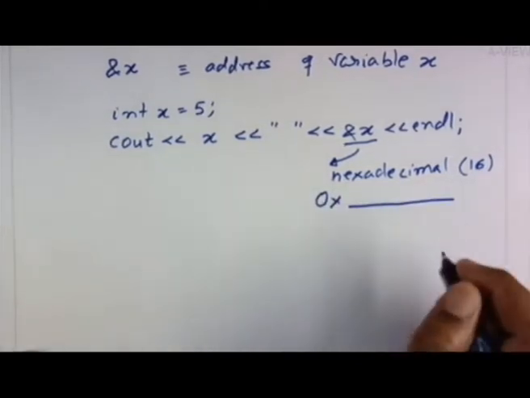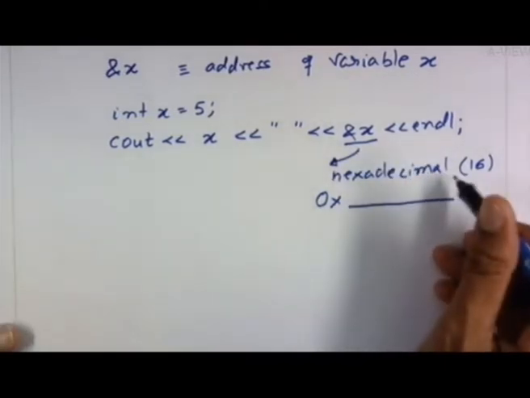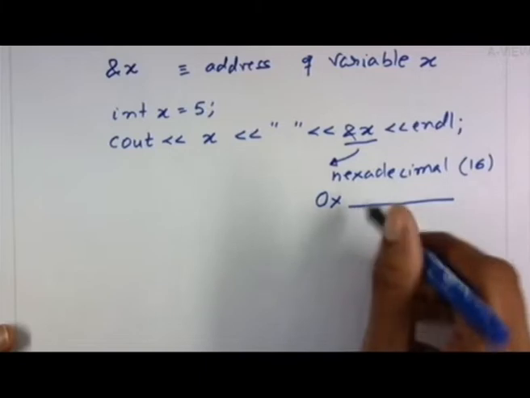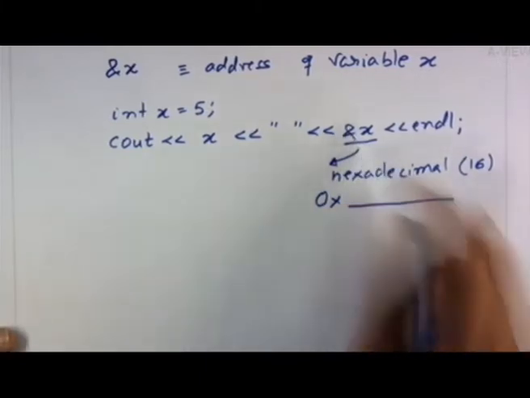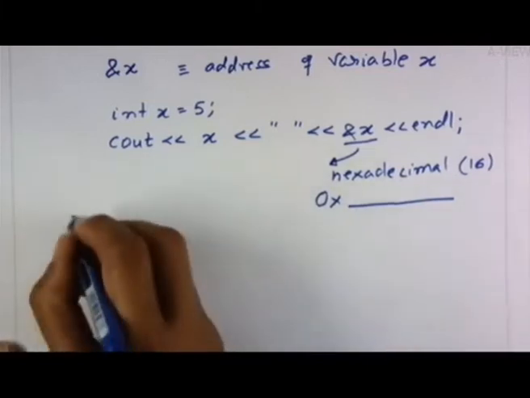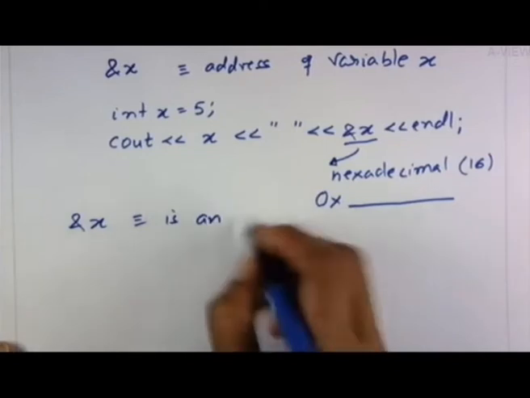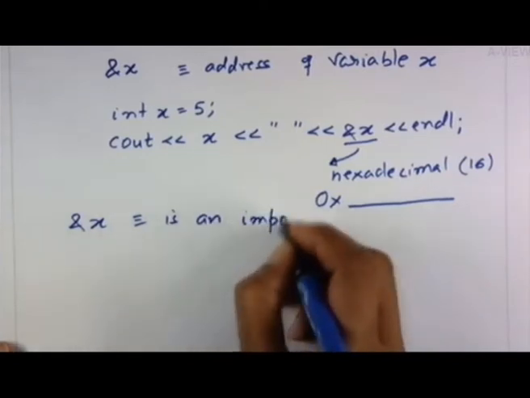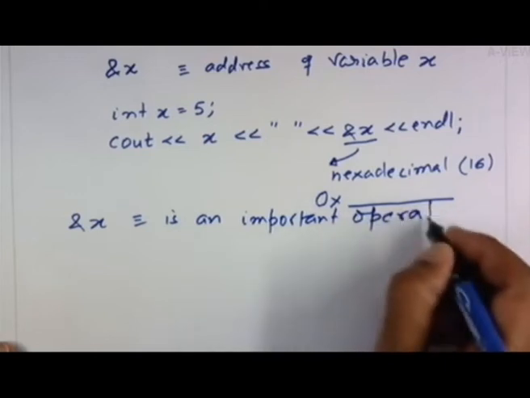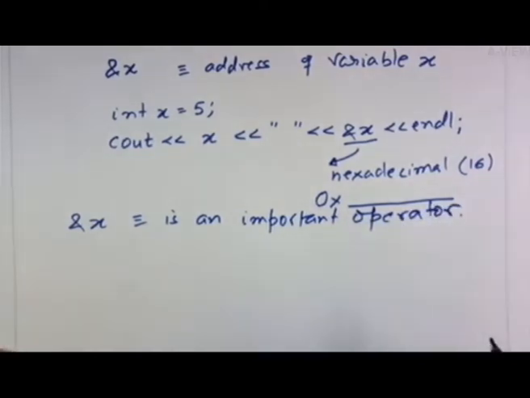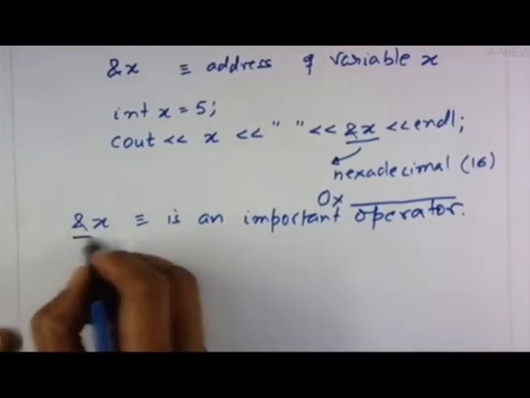I will not get into this, but if you know how to interpret a hexadecimal number, then the address is shown by the system to you if you do ampersand of X. So ampersand of X is an important operator. Given an object X, I can know its L value.